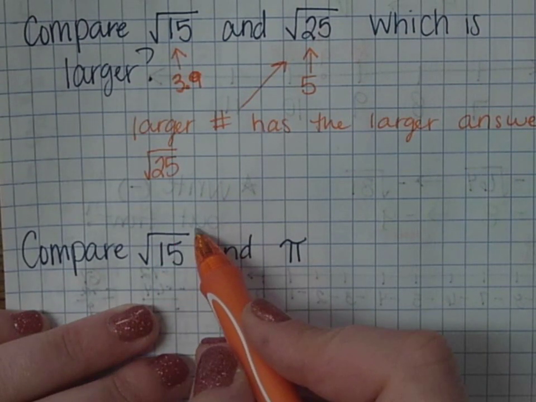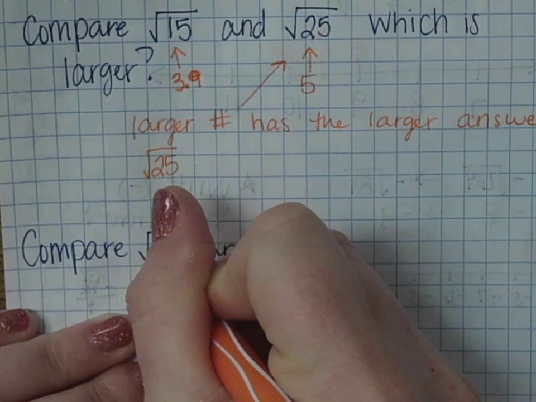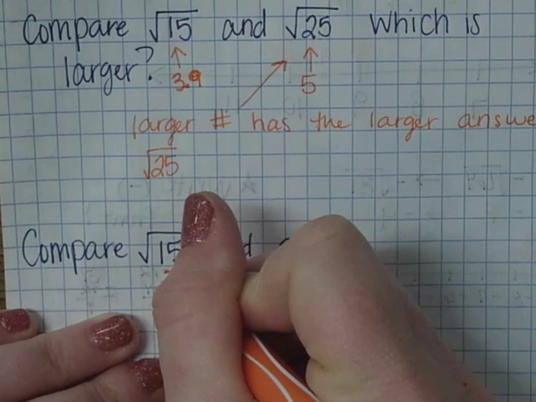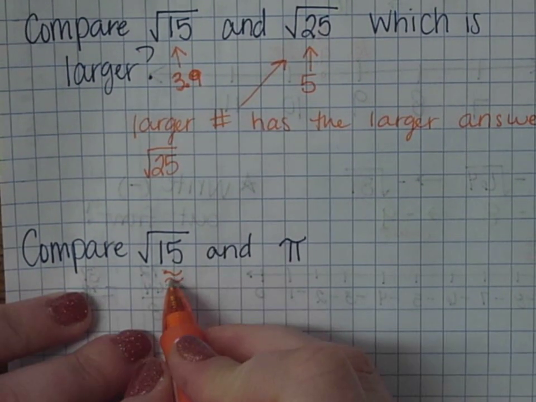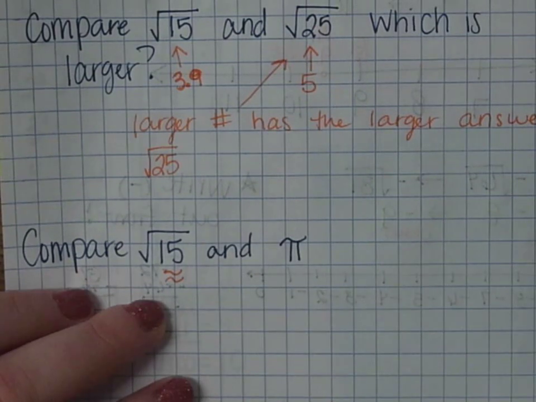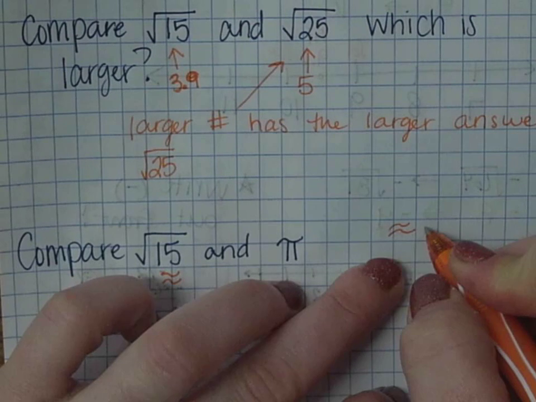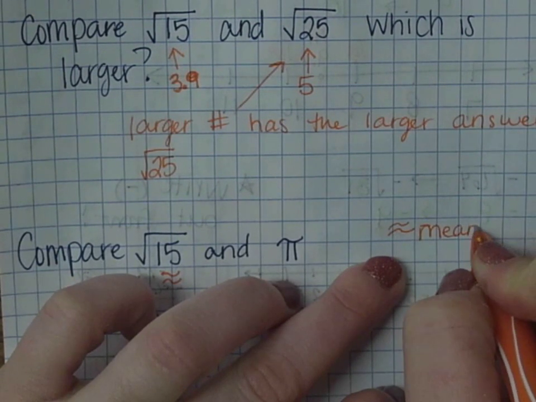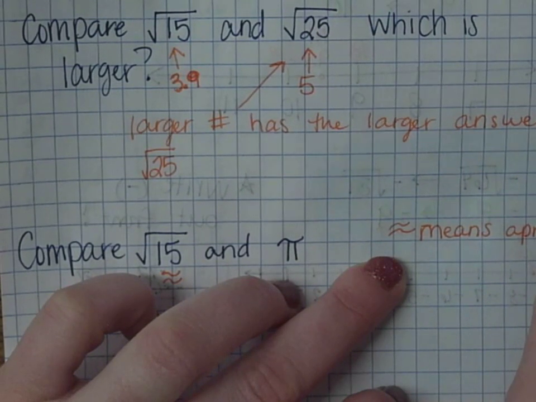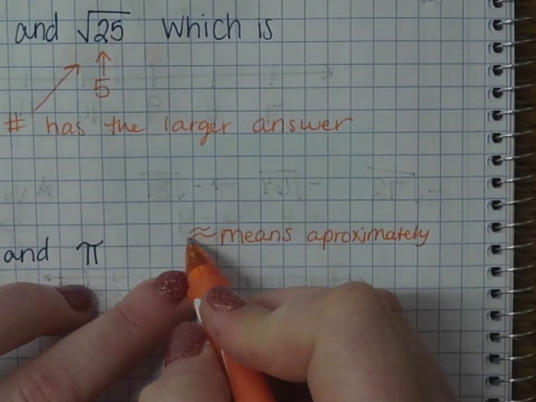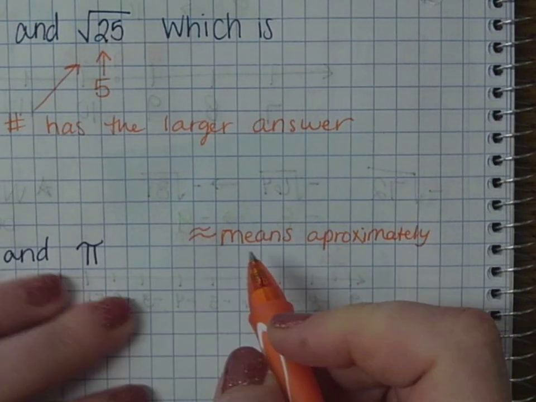So if we have the square root of 15, well, we just found that was 3.9. So the square root of 15 is, and that symbol that looks kind of like an equal sign but is a wave, that's approximate. So that means approximately.